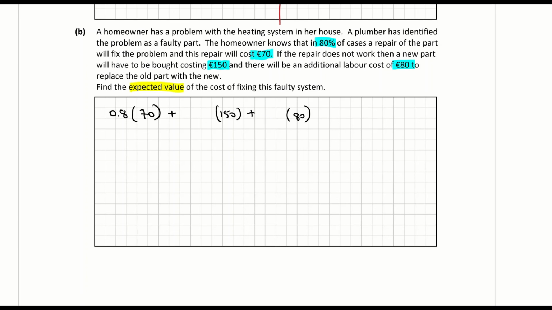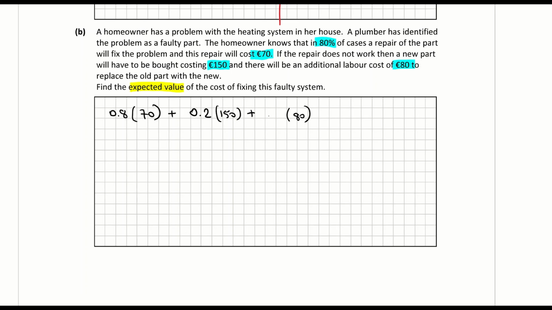Now they're not going to be multiplied by 80% because we're only looking at if it's opposite, which would be the 20%. This is when the part which was fixed did work. So the question says 80% of cases are fixed. So we're looking at the 20% which are not fixed.